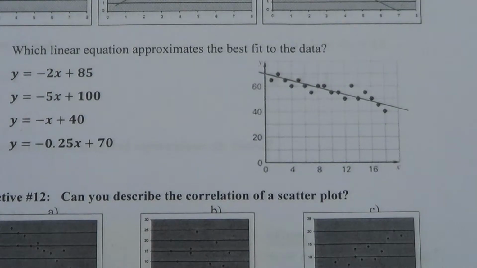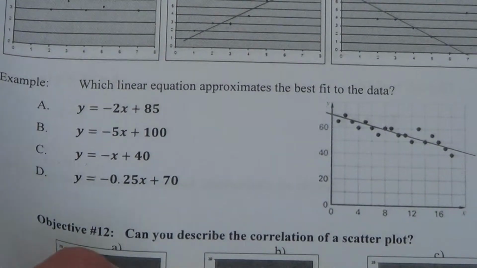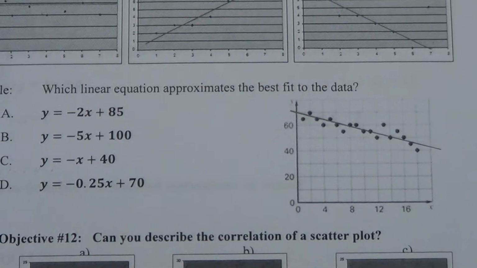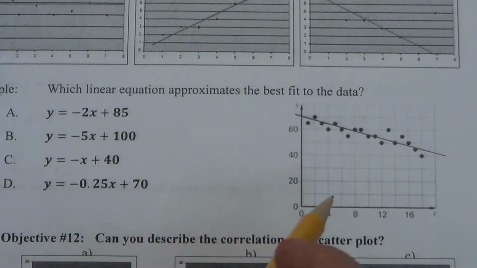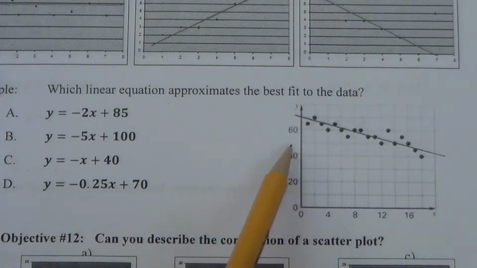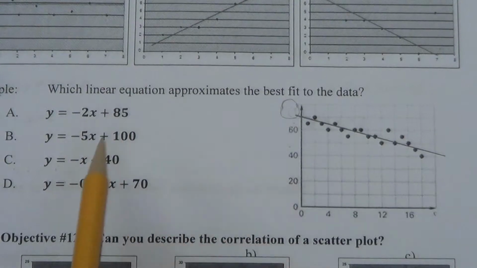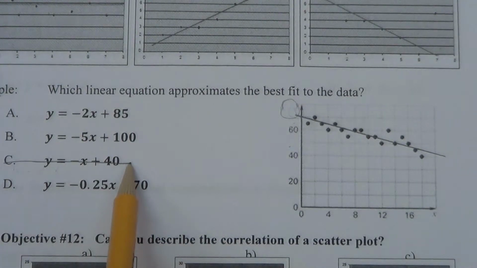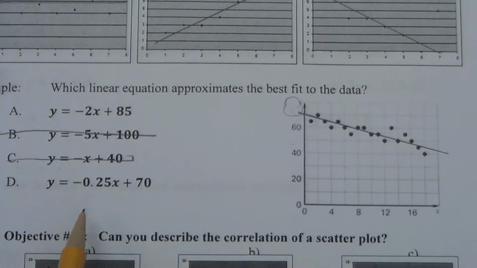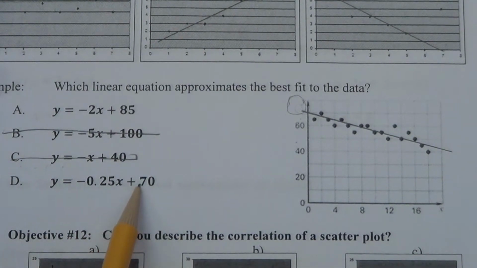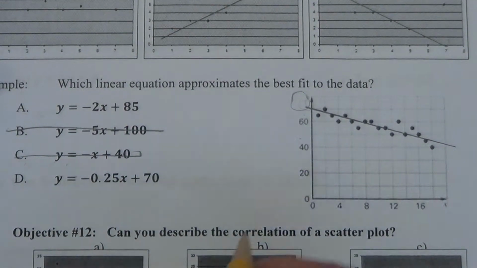So the first thing I would look at, remember in math I always suggest that you eliminate the ones that don't make sense, is the Y-intercept. We have 20, 40, 60, it's up here around 70. So the plus 40 is going to be out, the plus 100 is going to be out. We might be pretty close to 70 or 85. It's hard to say there.